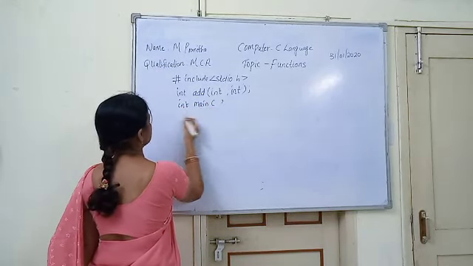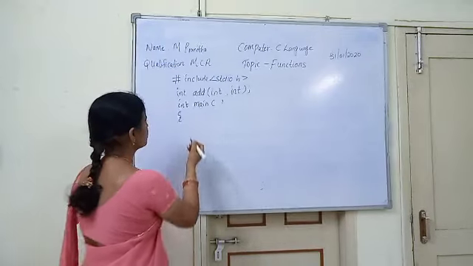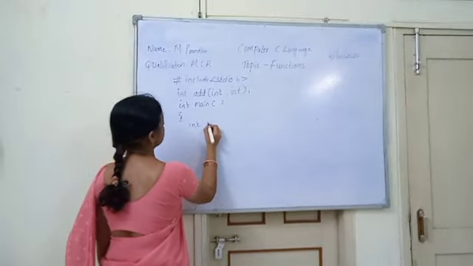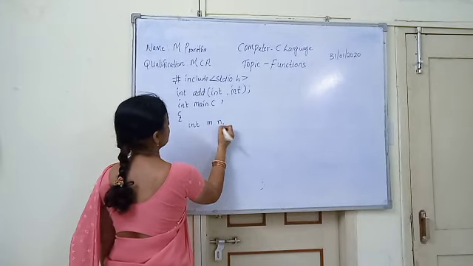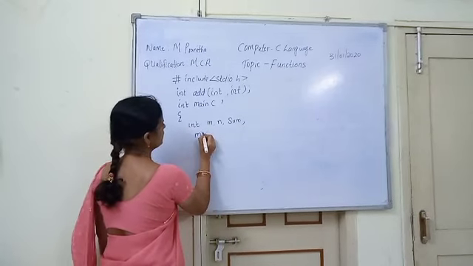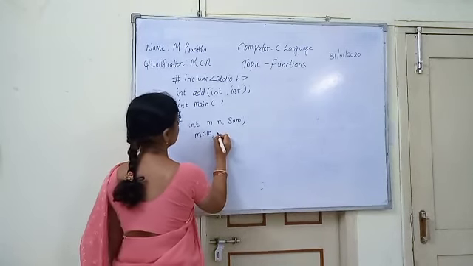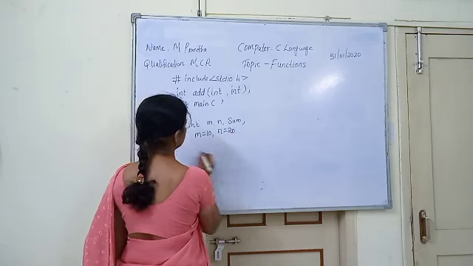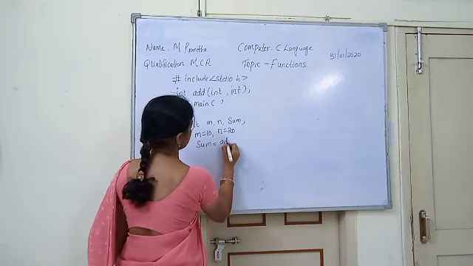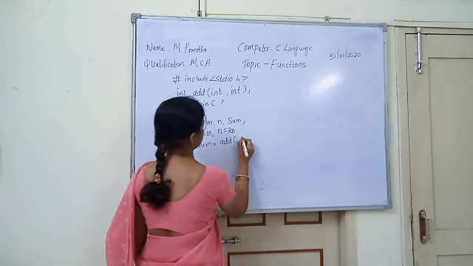Now I am writing the main function. In this one, suppose I am declaring two variables, m and n, and sum. Here I am assigning some values, m is equal to 10, n is equal to 20. In the sum, I am calling this function.